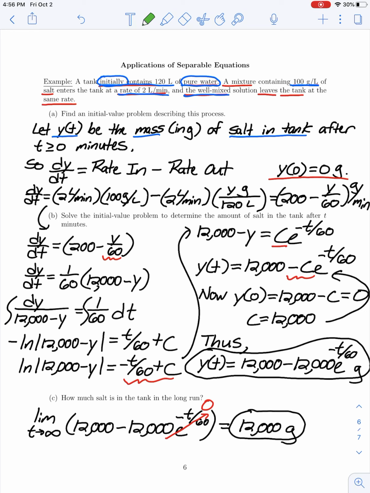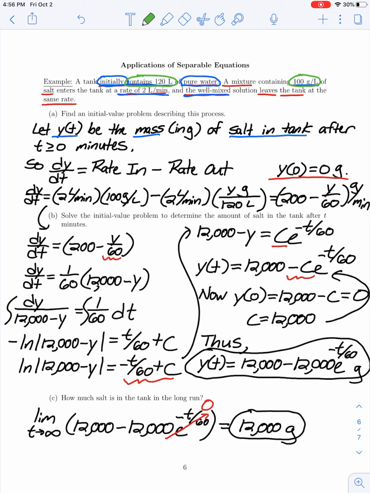So we're told here that we have a tank which initially contains 120 liters of pure water. And over time, we're pouring in this solution that has a concentration of 100 grams per liter of salt.